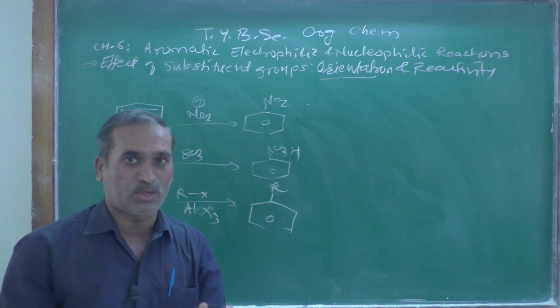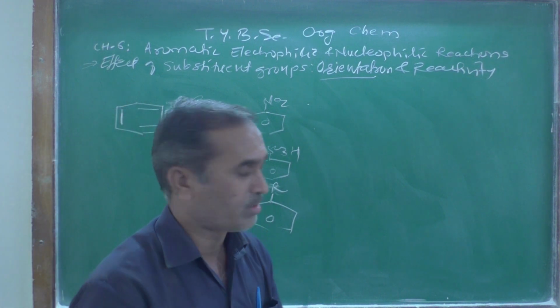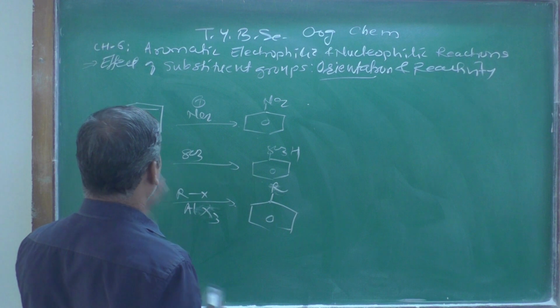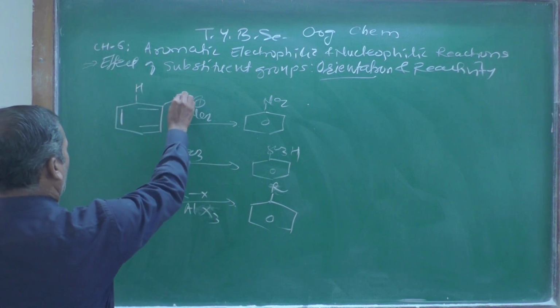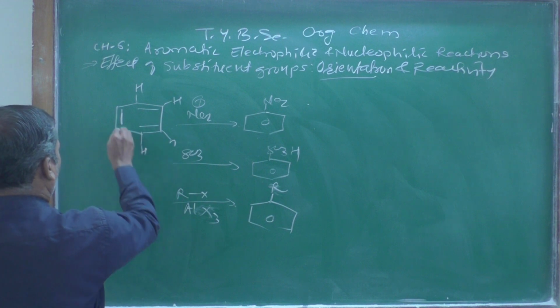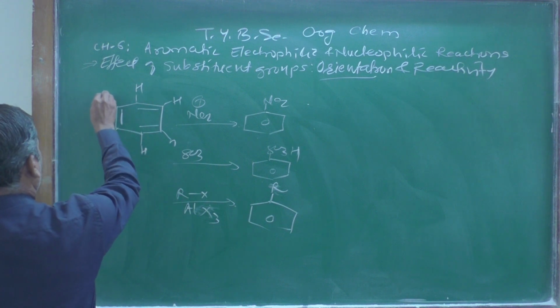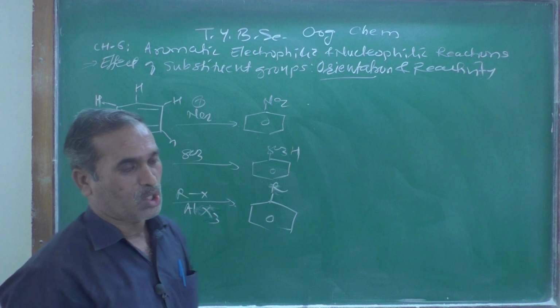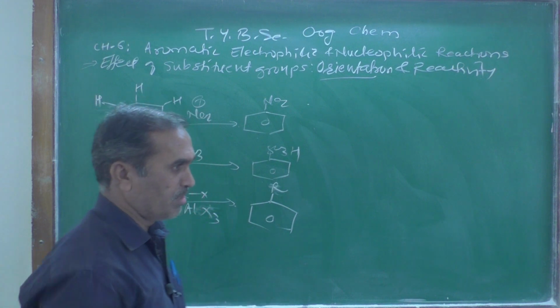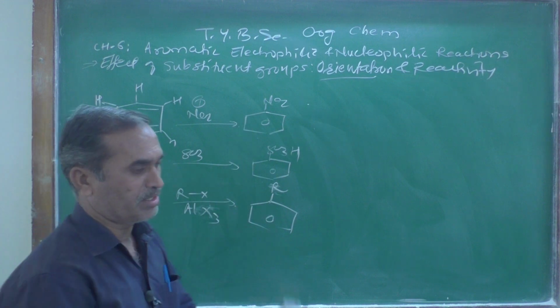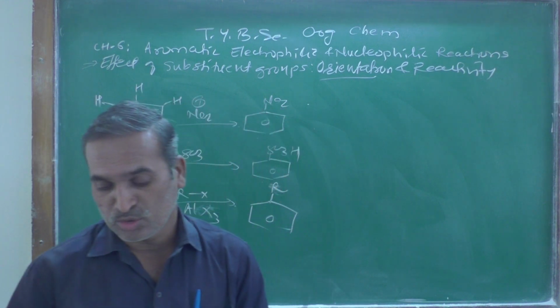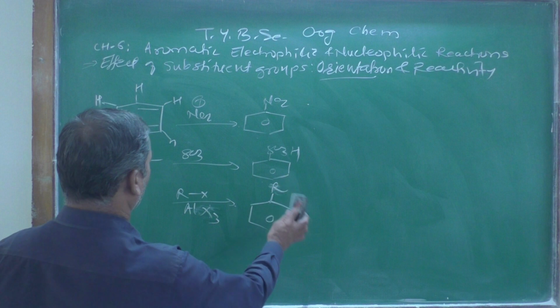Here we are getting only one product. But why are we getting only one product? Because all the hydrogen atoms on a benzene ring have an identical chemical environment around them. They are chemically equivalent, and therefore the resulting compound we get is only one. So that is a monosubstituted benzene.